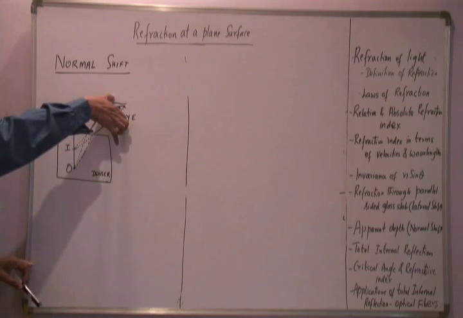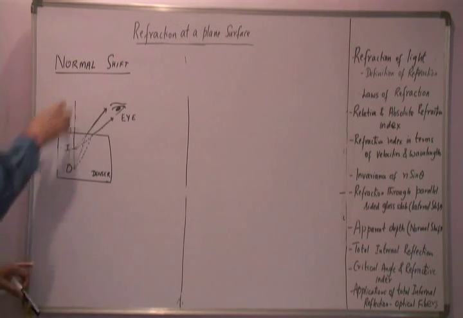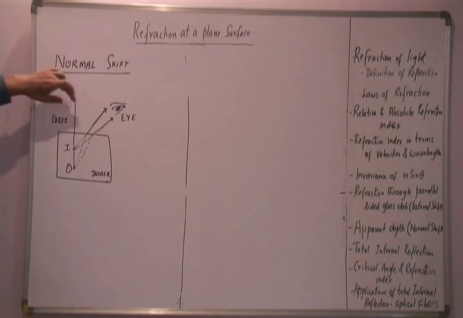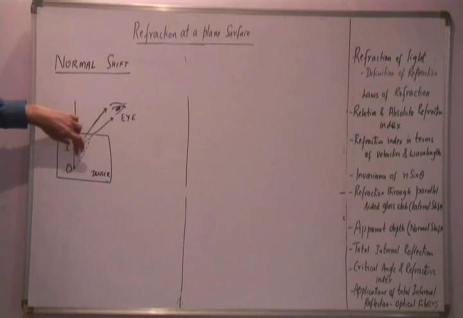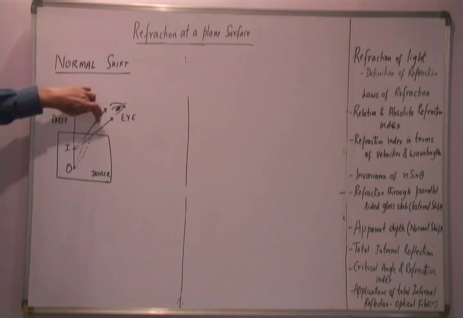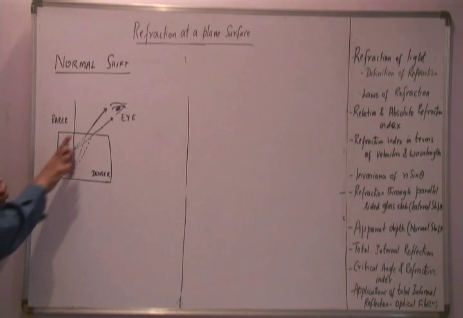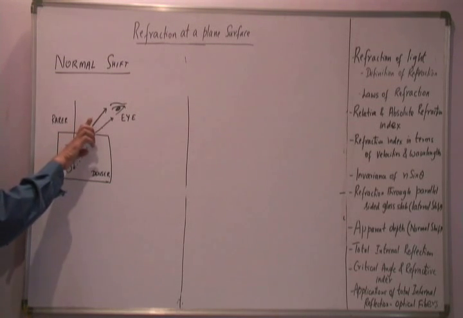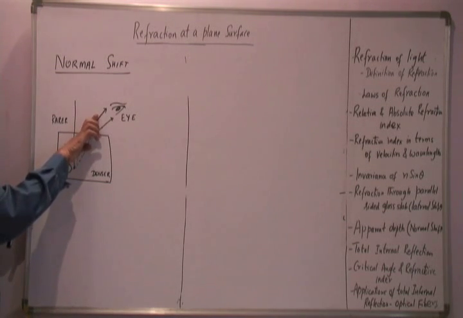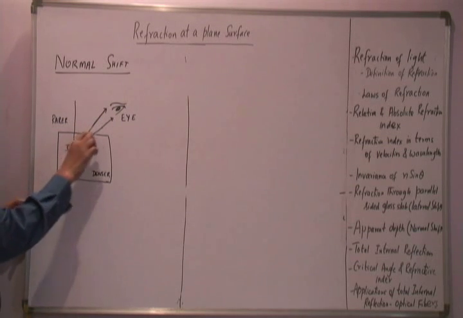The observation point for our eye is close to this normal. Although the rays are emerging from O, because of this refraction the rays of light get refracted at this point.